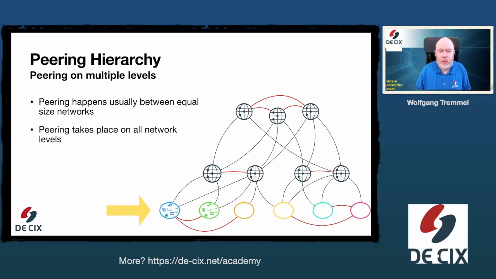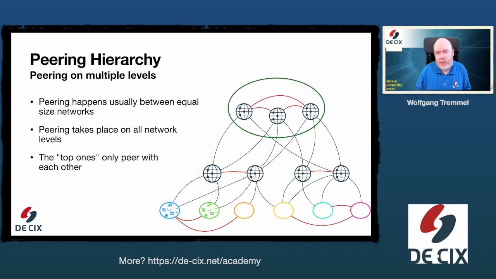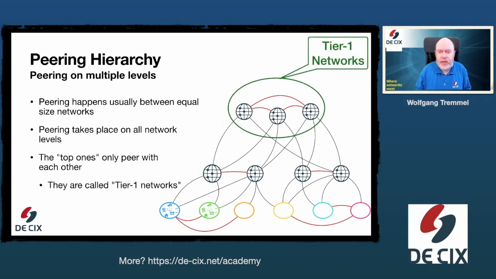But it happens on all network levels, on the bottom and on the top. The top providers, the so-called Tier 1 networks, they only peer with each other. And the formal definition of a Tier 1 network is a network which only peers, which does not buy upstream from anyone. And this is quite an exclusive club. If you're interested in who belongs to that club, well, have a look at Wikipedia. There is usually a list.